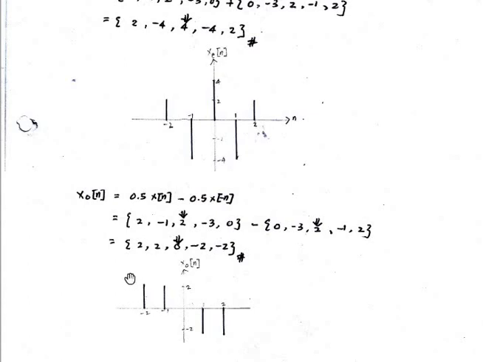If you don't believe it, you can try mirror image twice. First mirror image at the y-axis, and then mirror image at the x-axis, and you get the original. So it's correct. With this kind of characteristic, you can check the answer after you do the calculation, whether you got the correct answer or not.